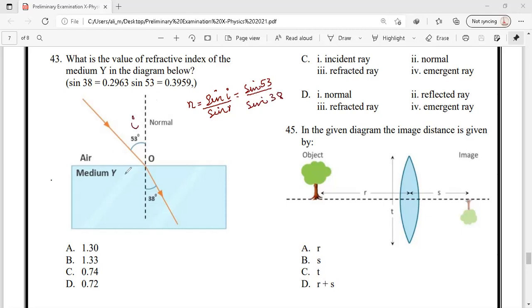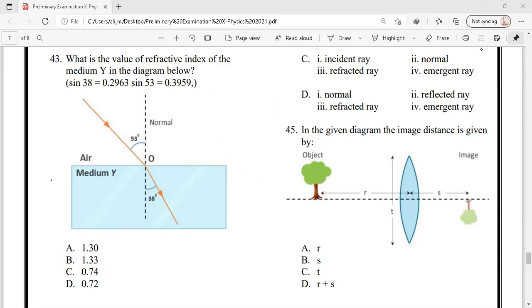This is our incident angle, this is our refracted angle. The values of these sines are already given. Sine 53 is 0.3959 divided by 0.2963. The value of this ratio will be 1.33. So the correct answer is 1.33, option B.